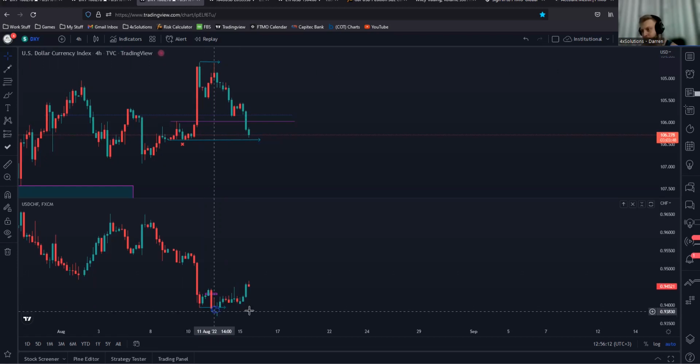SMT is a tool to identify manipulation. What is manipulation? You accumulate longs in a discount and you distribute shorts or sells above old highs in a premium. So what do you see here? Equal highs on the dollar index, but a lower low on Swiss franc over here.